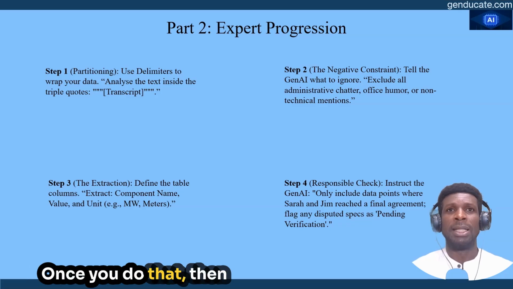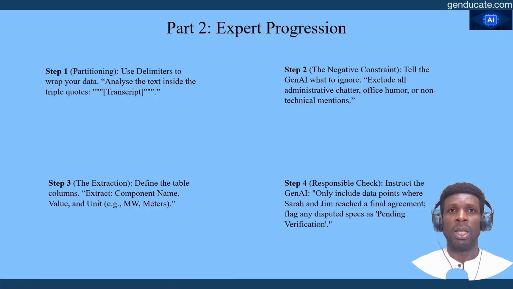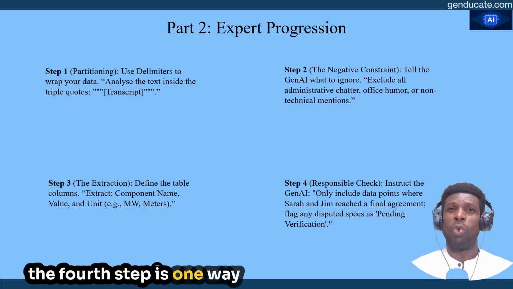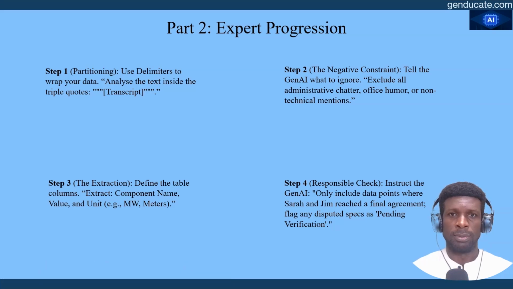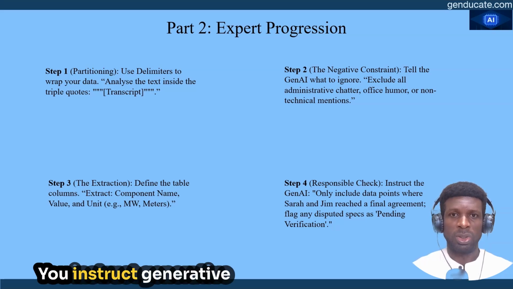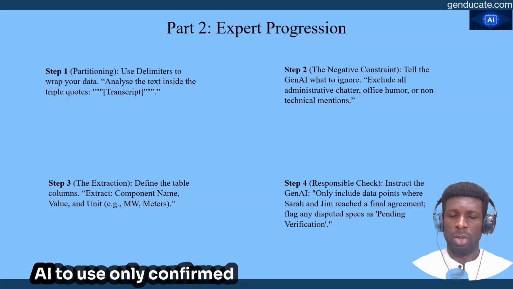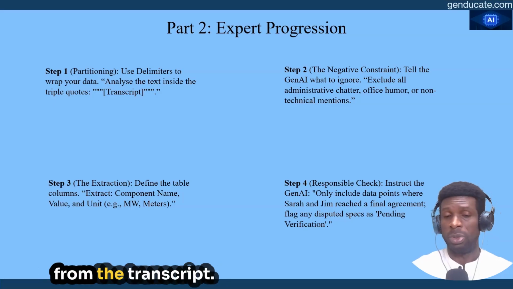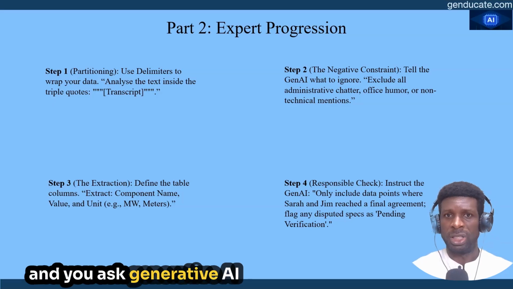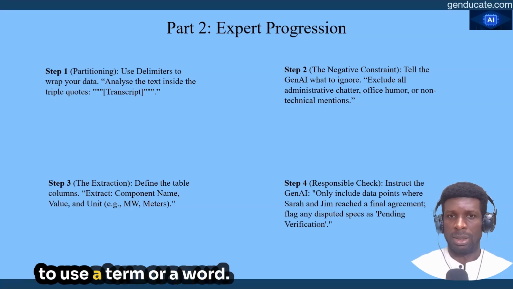Once you do that, then the fourth step is one way to avoid hallucination. You instruct generative AI to use only confirmed information from the document or from the test you're giving it, or from the transcript. And you ask generative AI to use a term or a word.